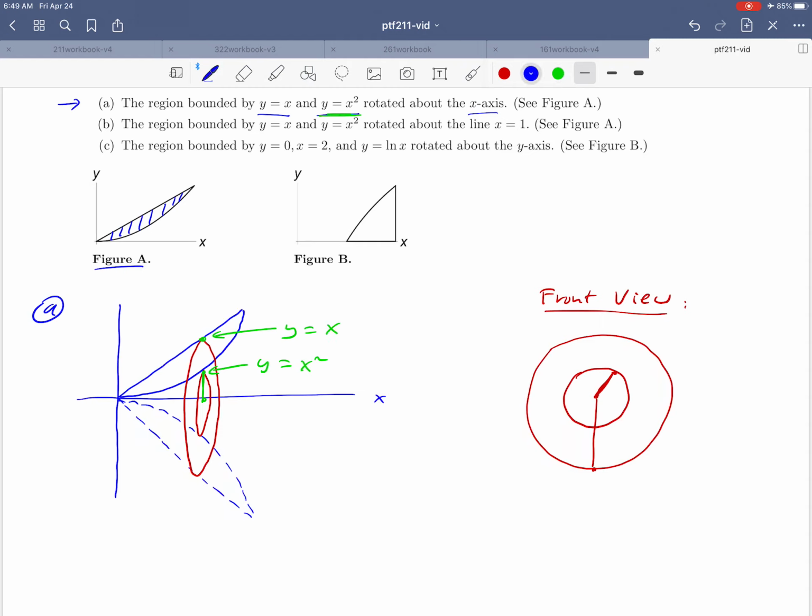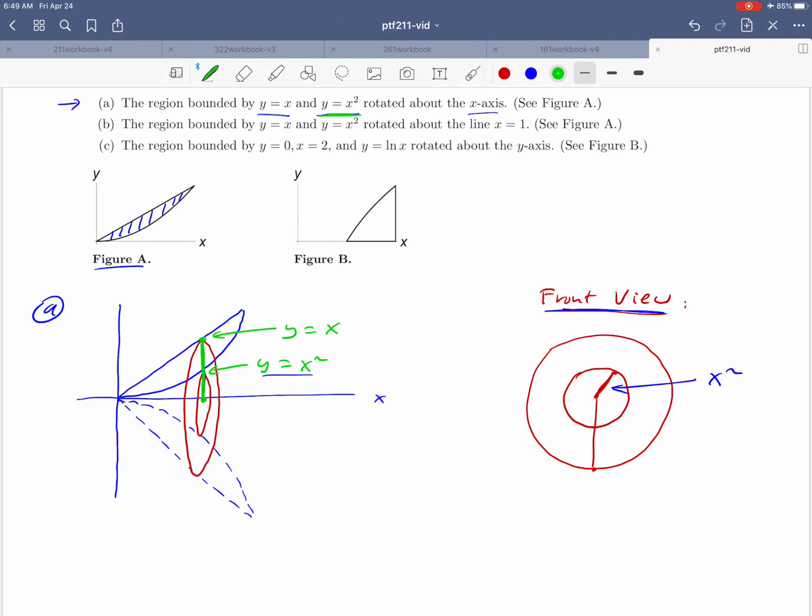All right, so going back to our picture then, over here to the right, this front view that we drew, we can now look at the picture and see that the inner radius, the shorter one, is just the distance from y equals x squared to the x-axis. That's just going to be x squared minus 0. And then what about the bigger radius? Well, that would be the distance from the x-axis all the way up to our upper curve.